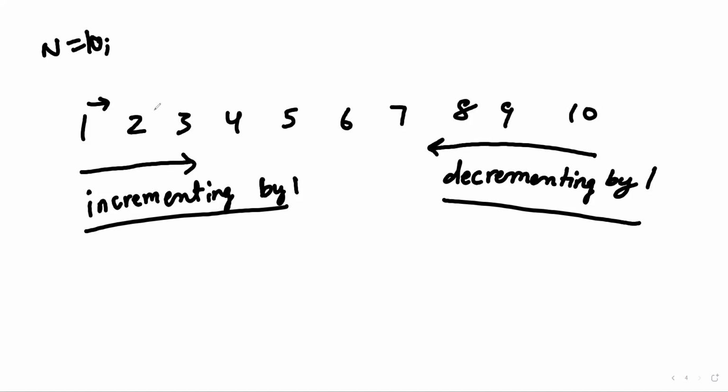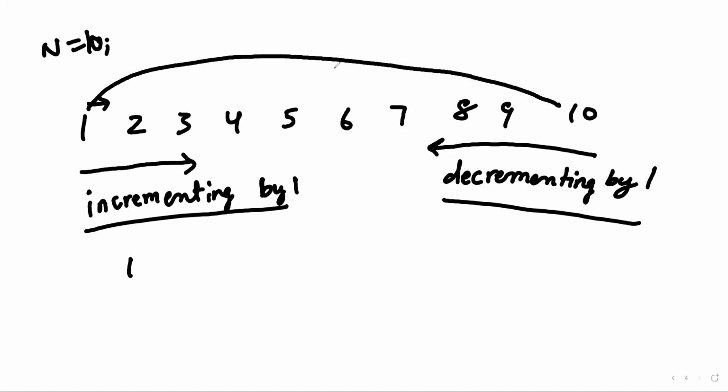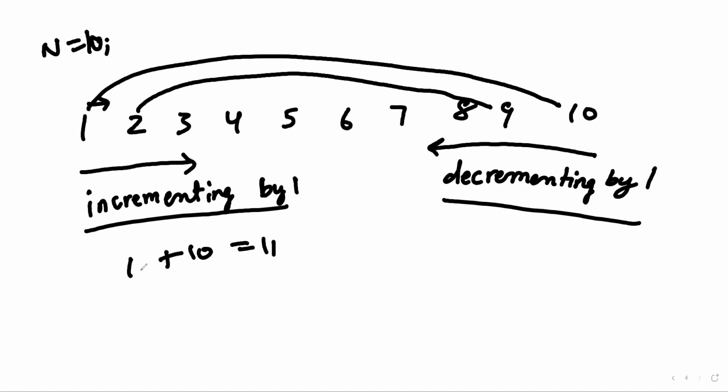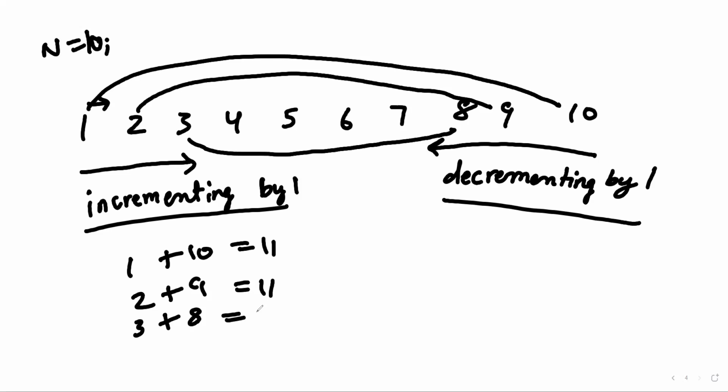So this is the observation, but when we make it, there is a hidden pattern. Let me write it like this. If we start from both ends, 1 plus 10 gives us 11. Then again, we increment by 1 from the left side and decrement by 1 from the right side, so 2 plus 9 again gives us 11. 3 plus 8 is again giving us 11.